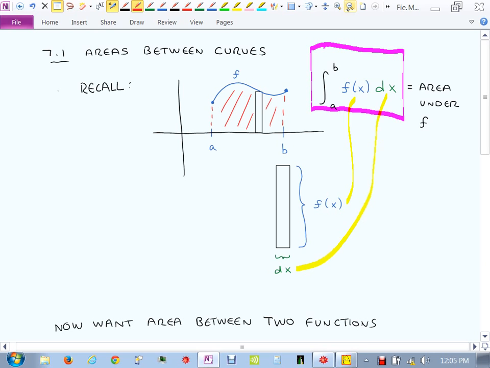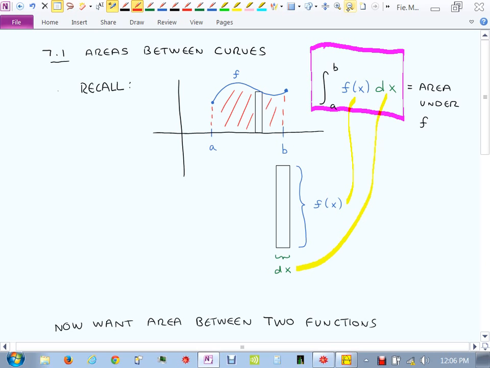So remember the basic idea behind the integral. It was a Riemann sum, right? We had the sum of all these rectangles, and we let it go to infinity, and we got the integral sign. We are going back to that now, as far as the geometric idea. If we wanted to find the area under a curve like this, we take this little rectangle in there.